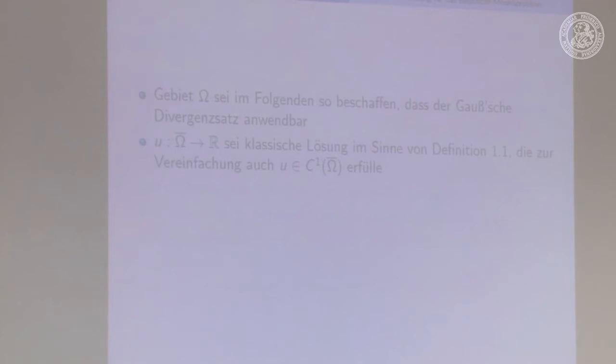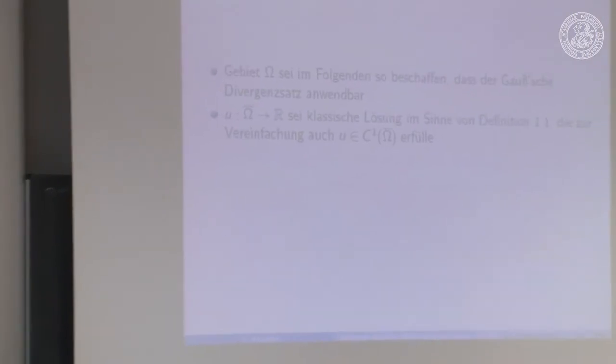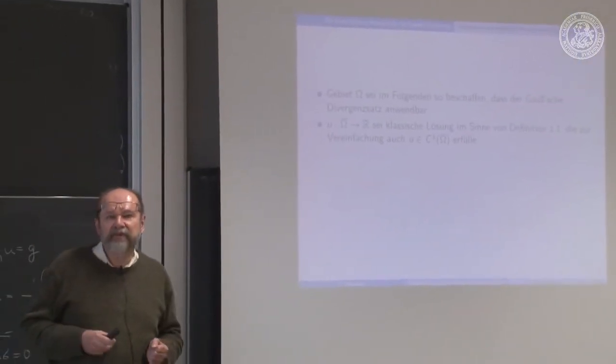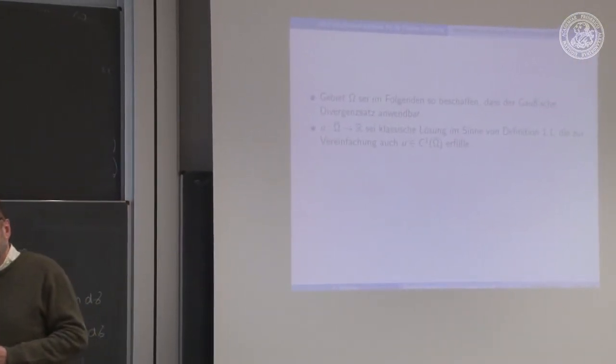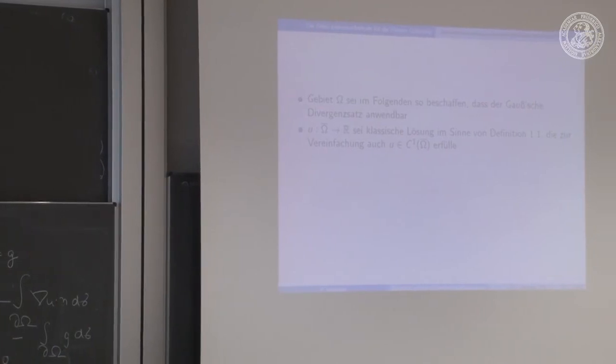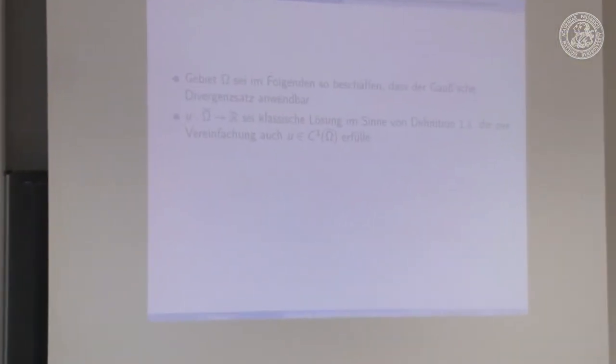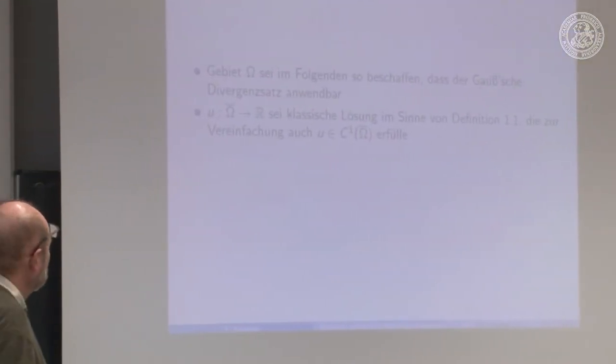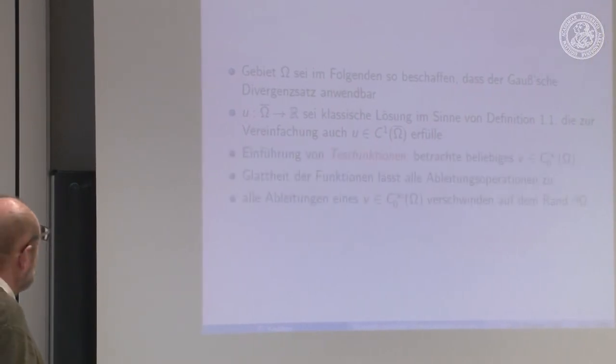And really to make sure that what I'm doing is allowed, I even have to assume that the solution is not only continuous up to the boundary, it's even C1 up to the boundary. We have seen that even in the case of a rectangle, this is critical. But let's assume this for a moment. As I said, that's only a formal introduction to the whole thing.